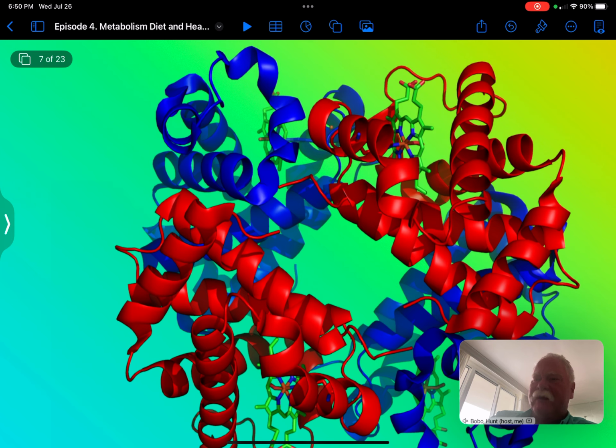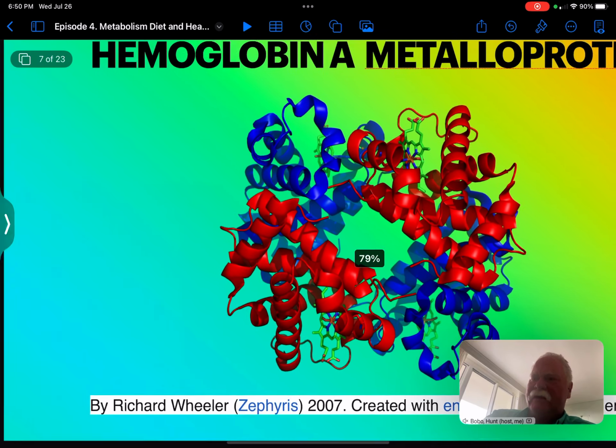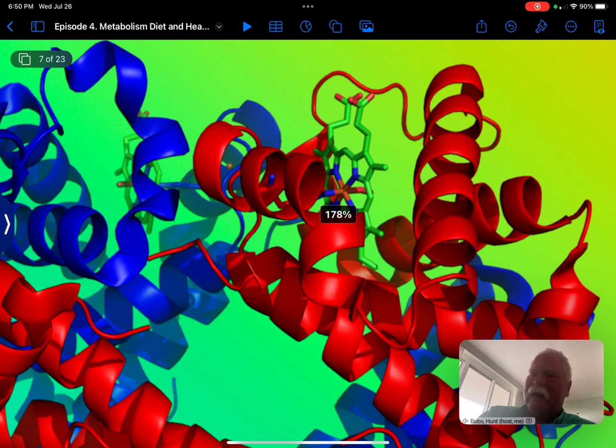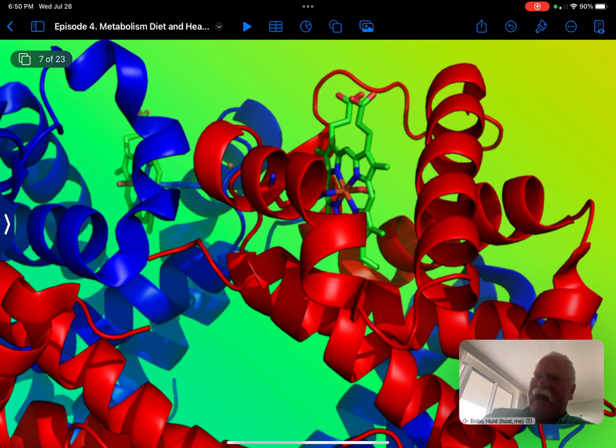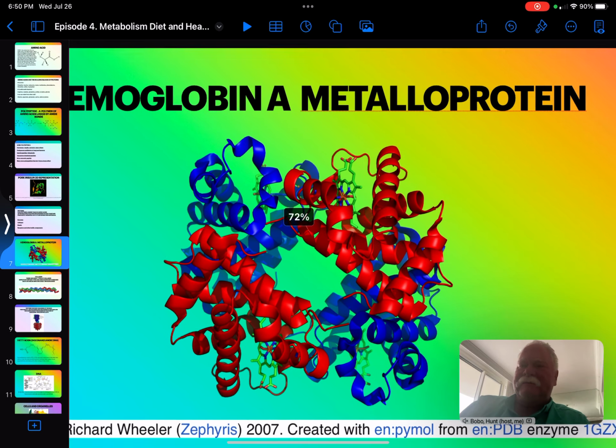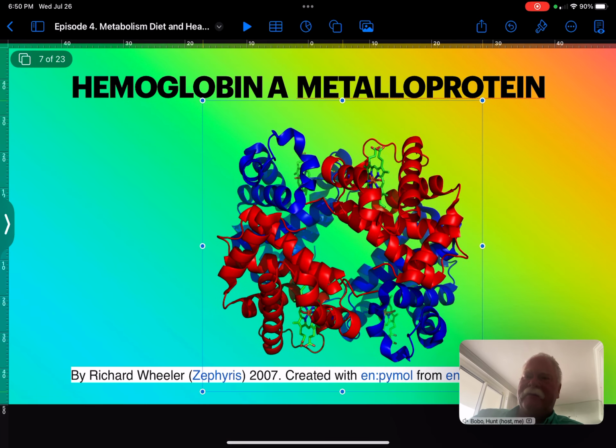So these are amino acids in the ribbons, but down inside of each one of these alpha rings is a heme that has an iron right there in the middle of it, the little jack-like thing surrounded by blue stuff. So that's a representation of a hemoglobin.